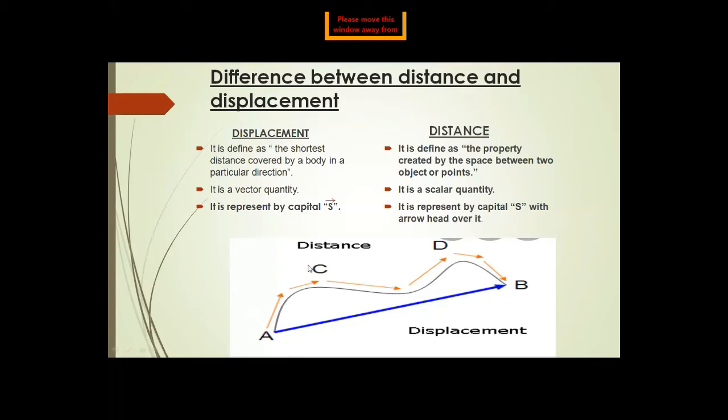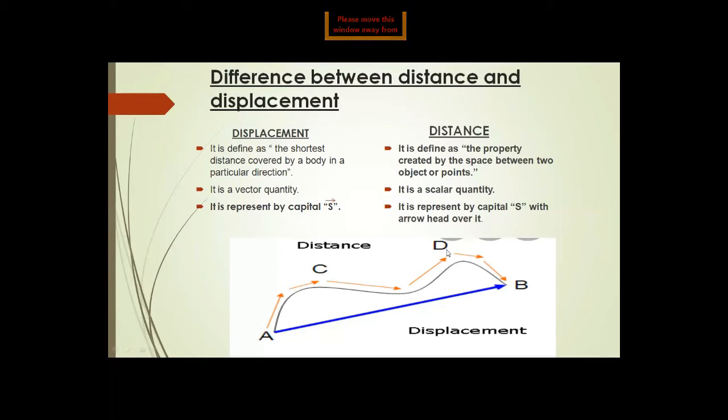picture. So here distance we can say if we are covering distance from point A to C, so it is not in a particular direction, so that is said to be the distance, and that is the space between the 2 points, point A and C. Now after that we are going from point P to the point D, so also we have a space, and this space is said to be the distance.